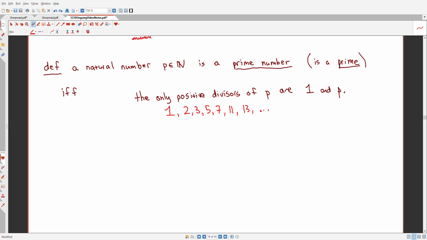So to make mathematicians happy, to get rid of the number 1, I then have to adjust my definition. I have to say a natural number p is called prime if the only positive divisors are 1 and p, and if p is bigger than 1. This just gets rid of 1 being called prime.